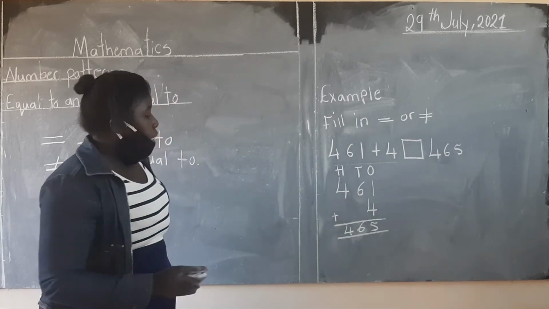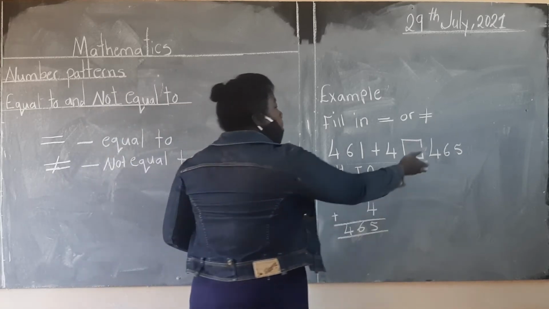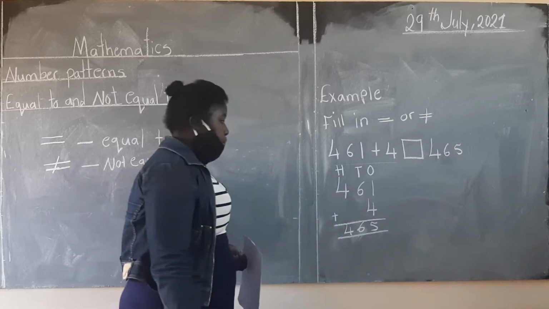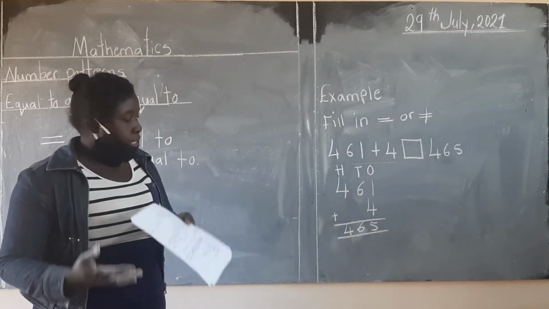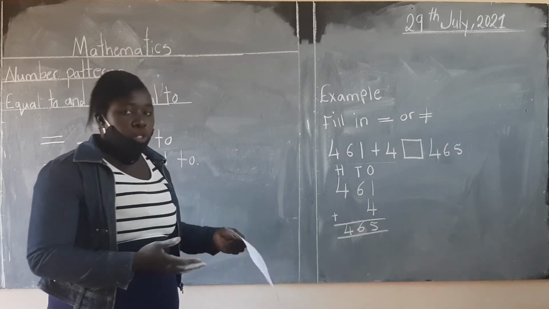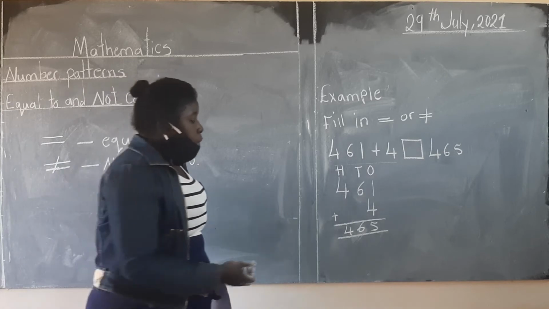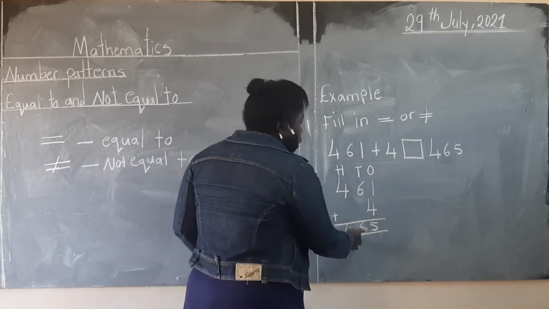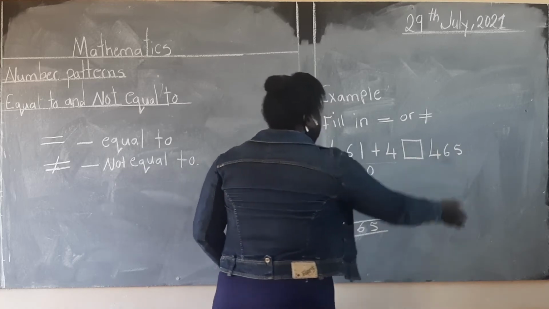Very good. So when you look at the answer that you have there and compare it to the last one, are they equal or are they not equal? Are they the same or not the same? Which one is greater and which one is less? Which one is smaller? Which one is big? When we look at our answer here, it is 465. Even the last one is 465.